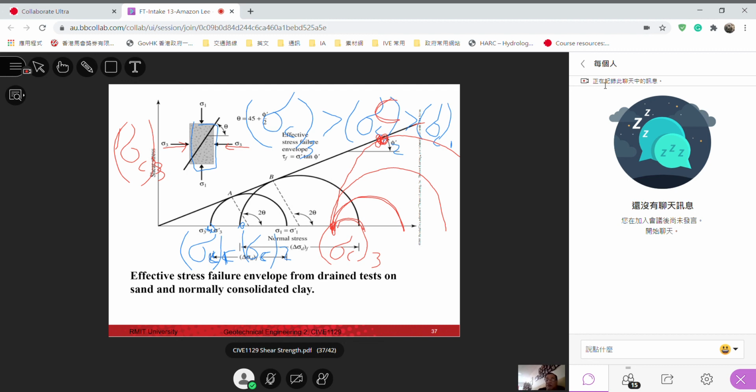Now, if you do it correctly, all failure points A, B, and C should join as a straight line.